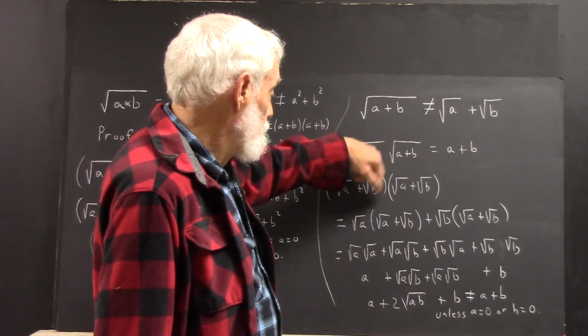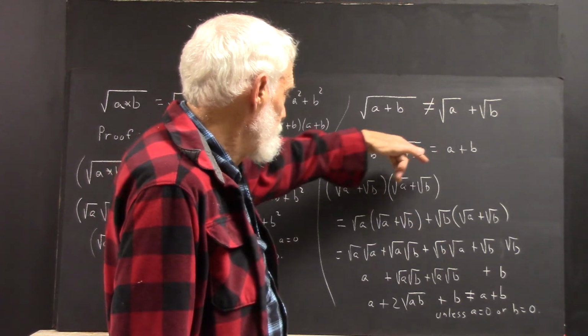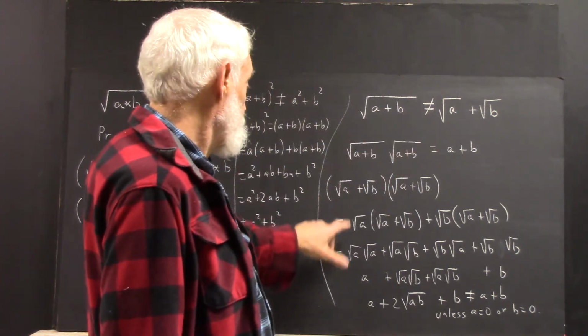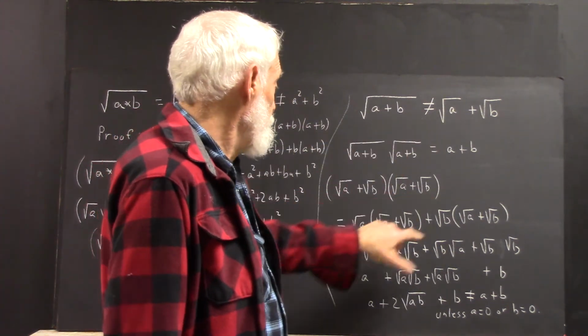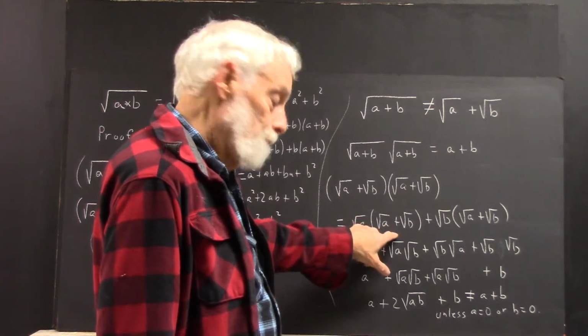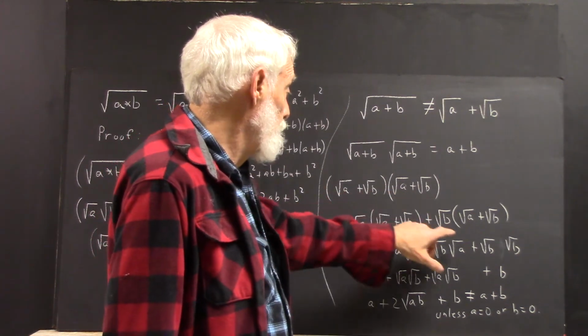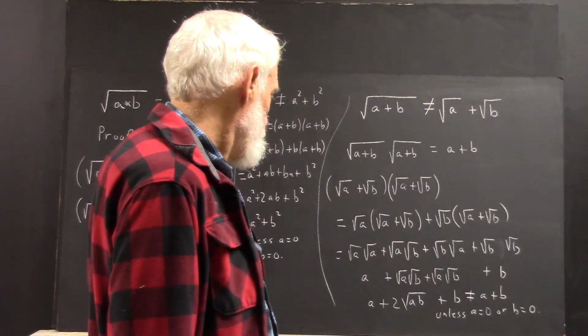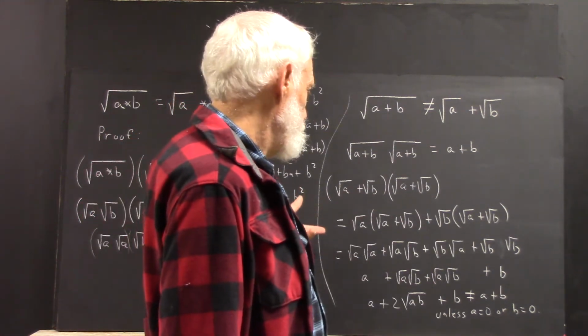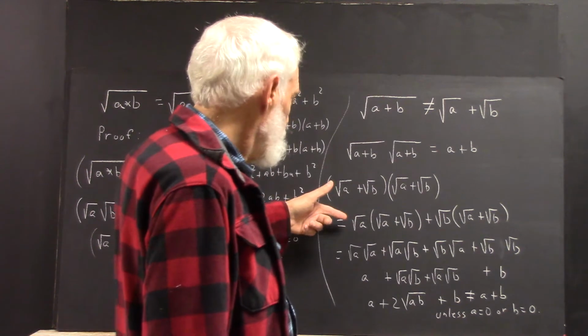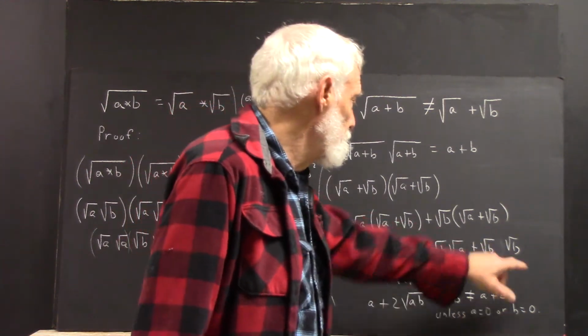Just applying the distributive law, the square root of a times all this, plus the square root of b times all this, and that distributes again to give us this expression.